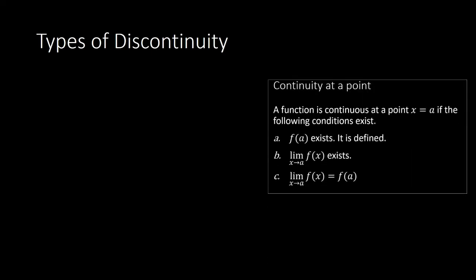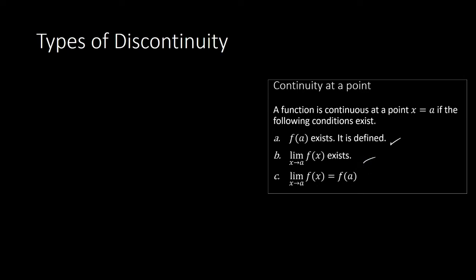So let us recall our understanding of a function being continuous at a point. A function is continuous at a point x is equal to a if the following conditions exist. f of a exists, or another way of saying that your function is defined when x is equal to a.